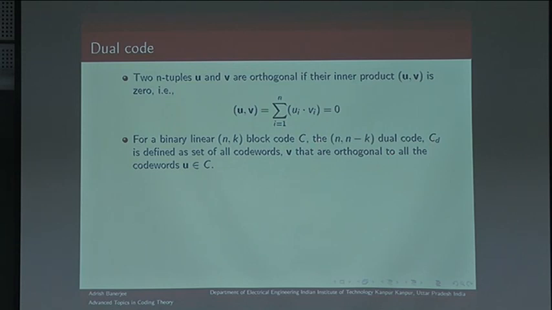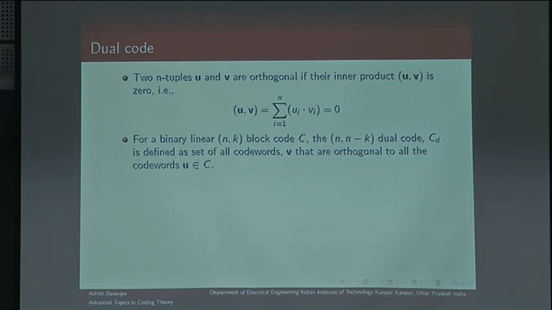So, the (n, n minus k) dual code is defined as the set of all code words v that are orthogonal to the code words u in the original code. So, in other words, all the code words of the dual code, they will be orthogonal to the codes in the original code.